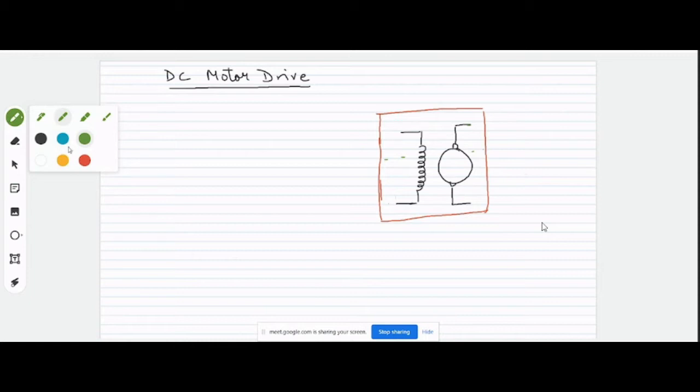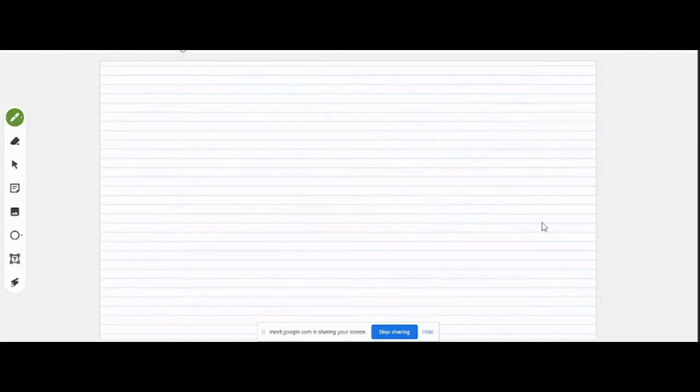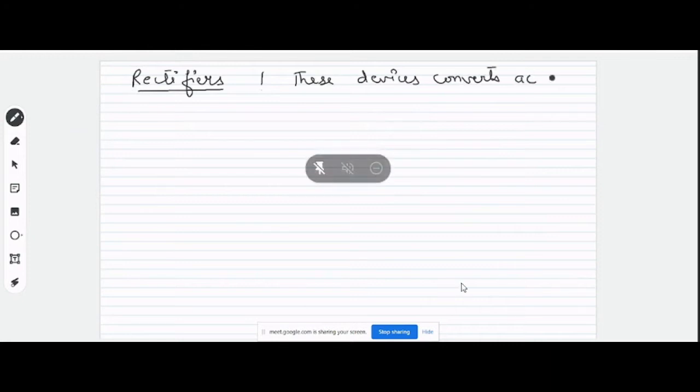If we talk about the rectifiers, how many kinds of rectifiers can we have? Sir, controlled and uncontrolled. These are the devices that convert your AC input into DC output.